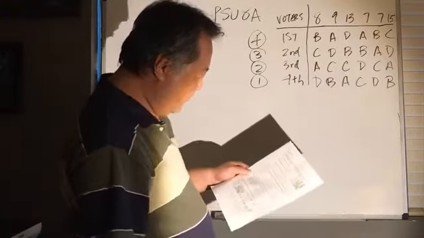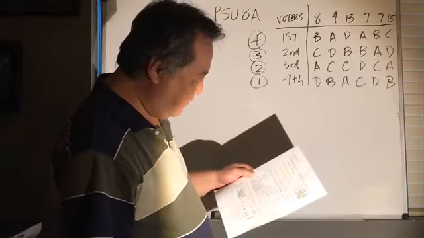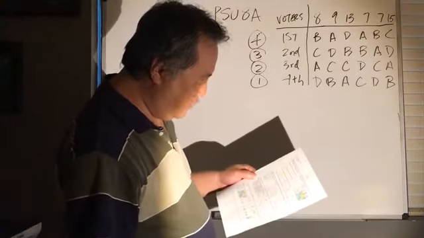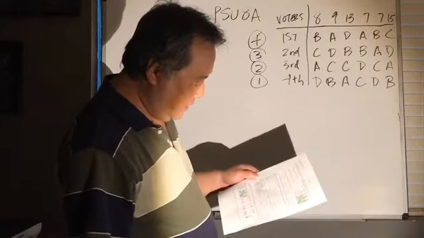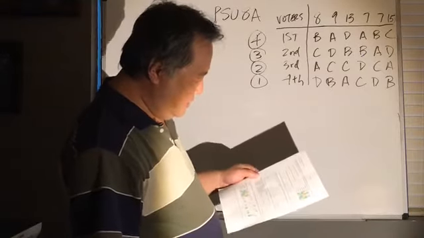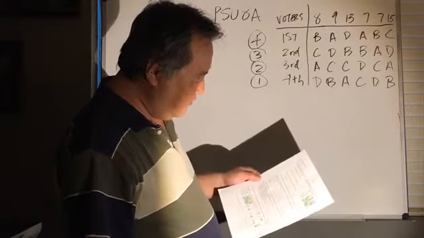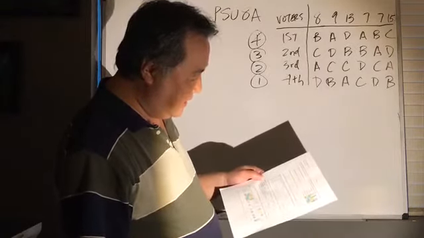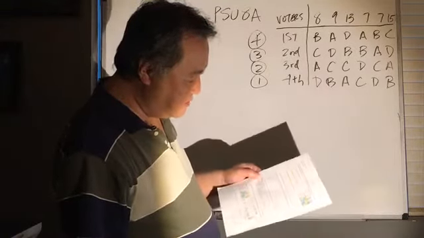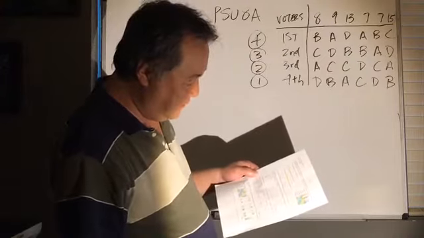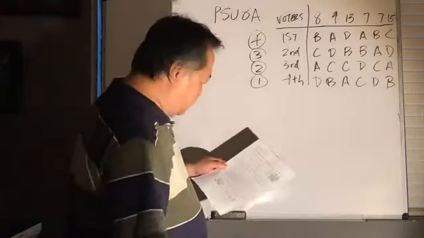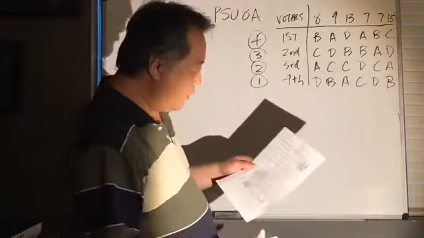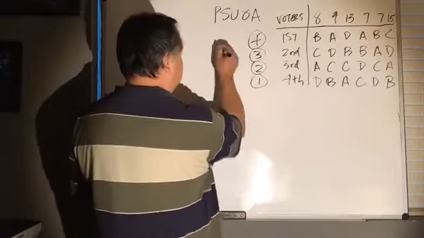Okay, number 5, apply the instant runoff voting method to determine the winner. Include your calculations and results. Instant runoff voting is where you eliminate the lowest vote getter. So we're going by the plurality method again.